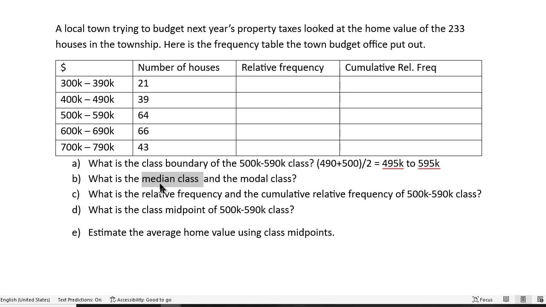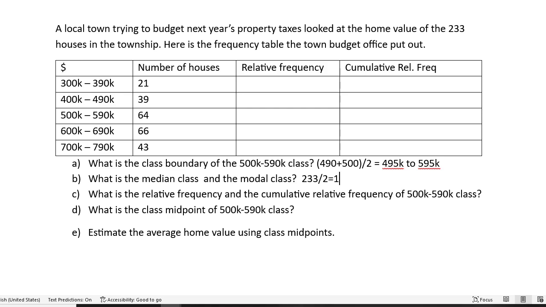In some cases, you don't have the middle because you have an even number of items. Then in that case, you take the middle two and take the average. But here we have an odd number, so what you do is you think about the 233 and divide it by 2.